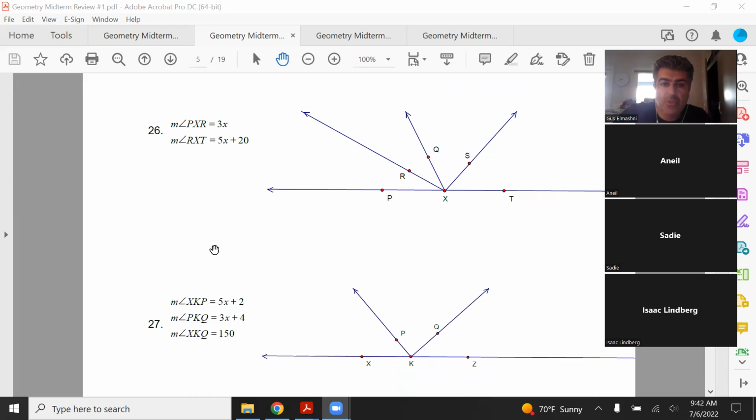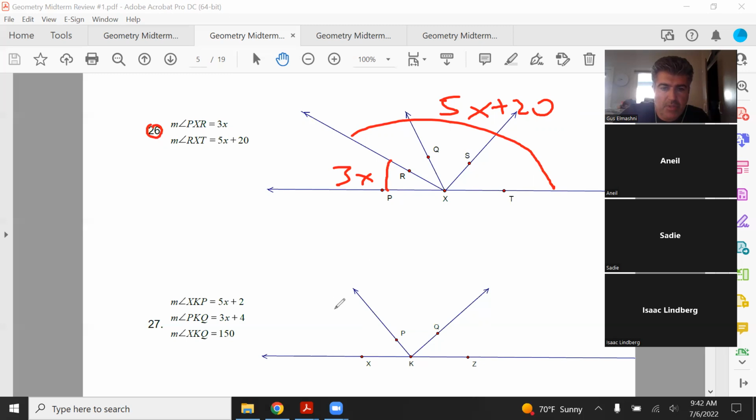Okay, so go ahead and try these 2 here. And I will ask you guys to type in, I know I didn't do it for the previous problem, how you did on your own. So that's 3x, and RXT, this whole thing here, is 5x plus 20, where 3x is just this part.